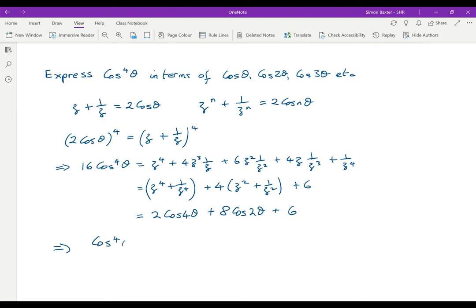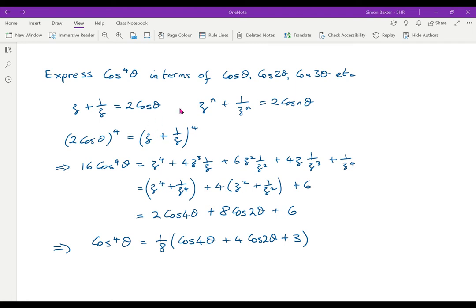So if I divide both sides by 16, I get 1 over 8, I've cancelled the 2, cos 4 theta plus 4 cos 2 theta plus 3. So there is cos to the 4 theta in terms of cos theta, cos 2 theta, cos 3 theta, etc.